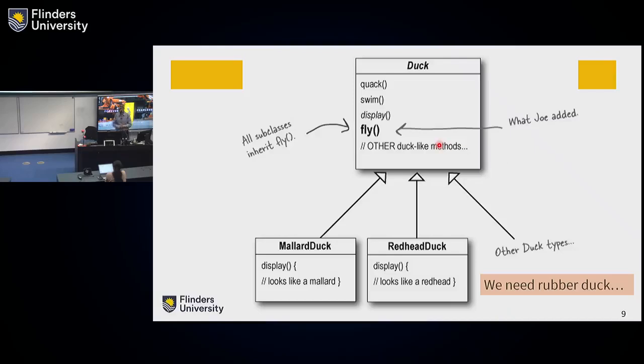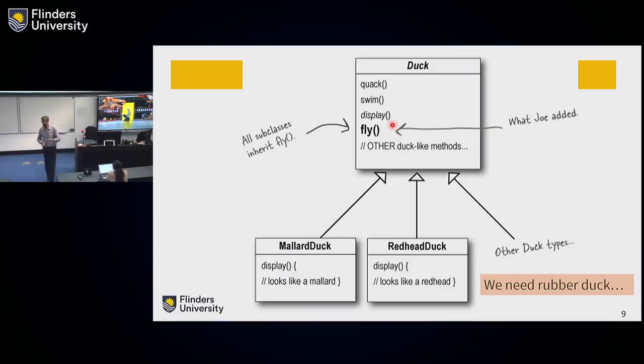What can we do then? The rubber duck has different features than those we captured as common behavior. What does this abstract class capture? The common behavior, the common attributes. But now the rubber duck comes into play. Its sound would not be quack, it would be different, and it would not fly either. So what can we do now?